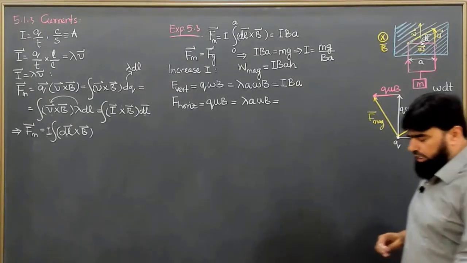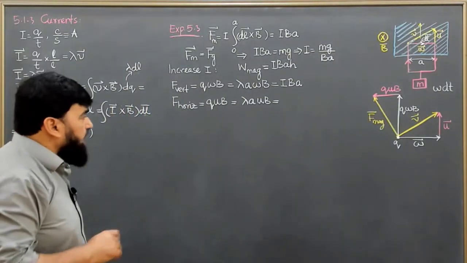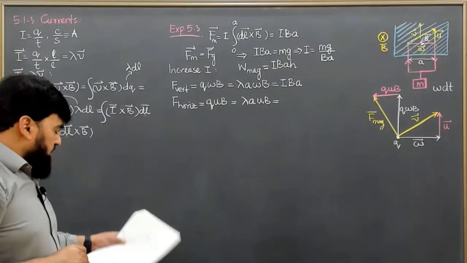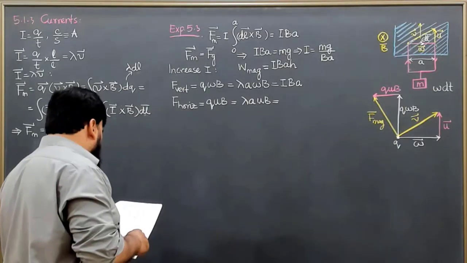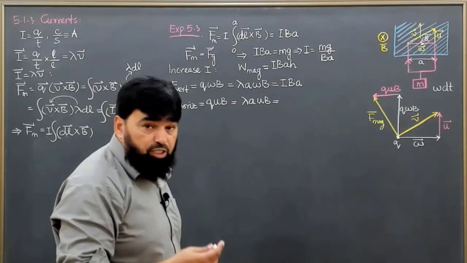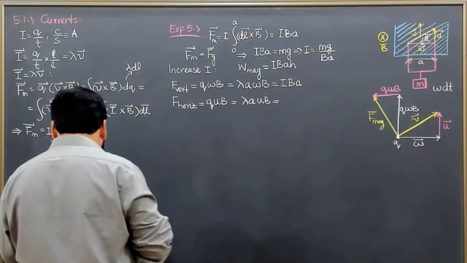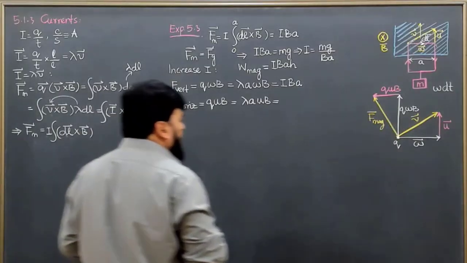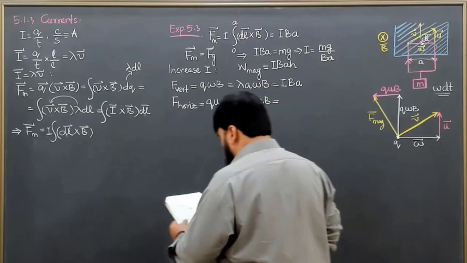Now we are the agent behind this movement. Let's say we have a battery or a generator which is moving this charge or increasing this amount of current. Then in time delta t, it will move horizontally by W dt.